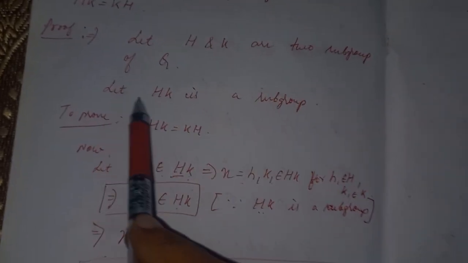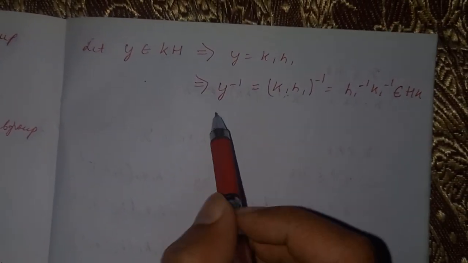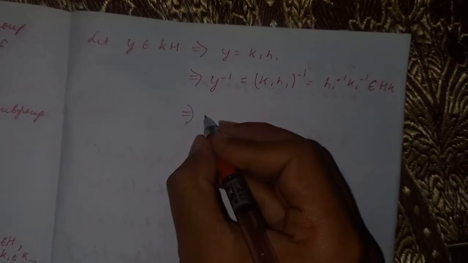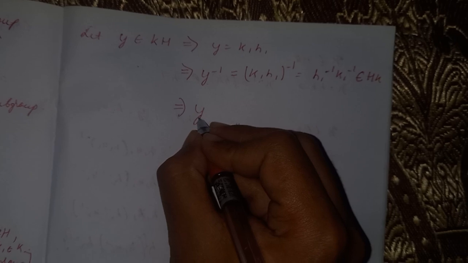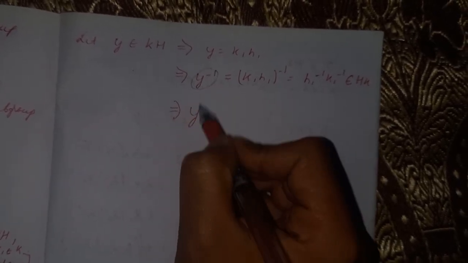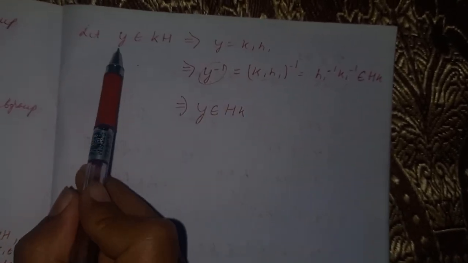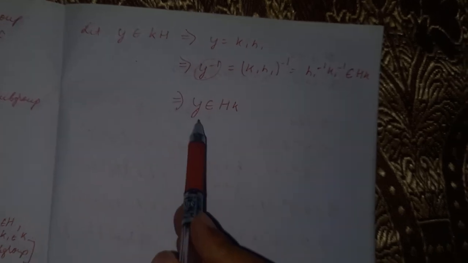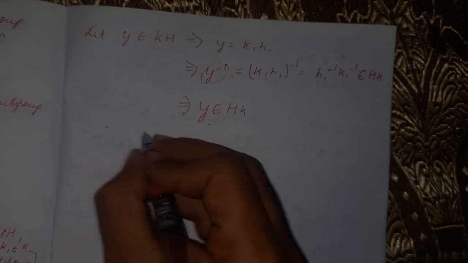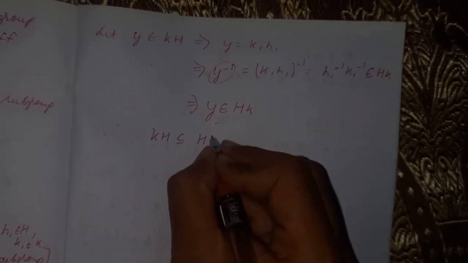Since we have assumed that HK is a subgroup, HK is also a group, so it will also contain the inverse of this element, which is y. So first we supposed y belongs to KH, and we have come to the conclusion that y also belongs to HK. Therefore KH is a subset of HK.